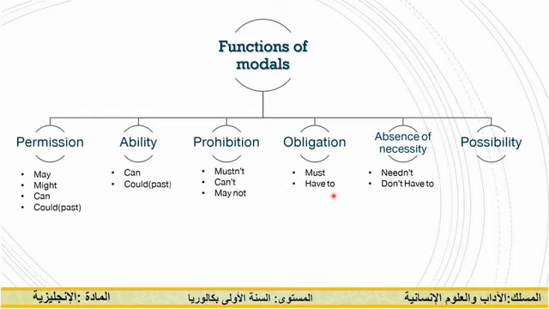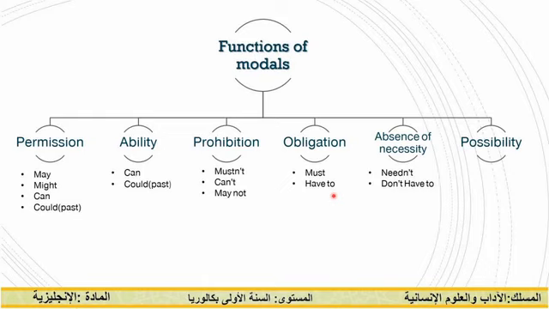Alright, so we have the function of possibility, and I think this is the one you are most familiar with, because it's the last function of modal verbs. Okay, it's that simple, it's not that complicated, you don't have to think a lot about it.